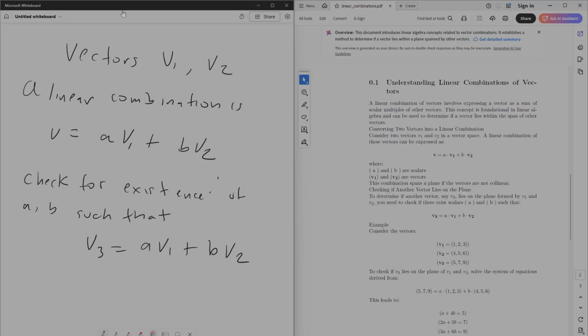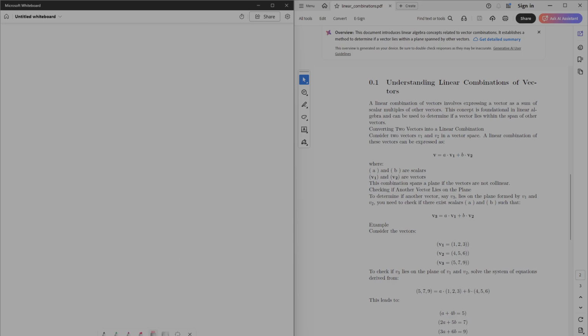Let me give you one example. Let's say b1 is equal to 1, 2, 3, and b2 is equal to 4, 5, 6, and b3 is equal to 5, 7, 9.